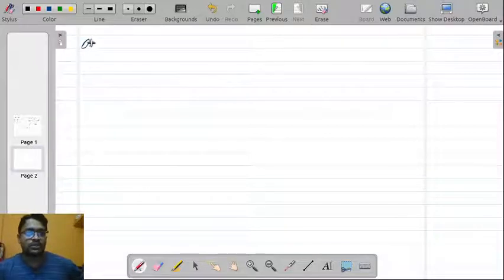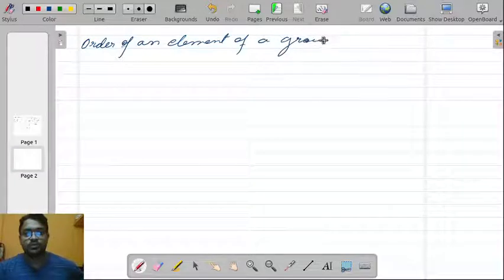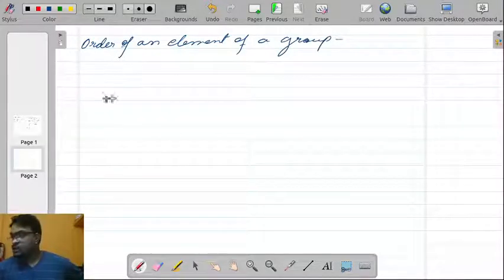So using this notation, we have something called the order of an element of a group. What is that?